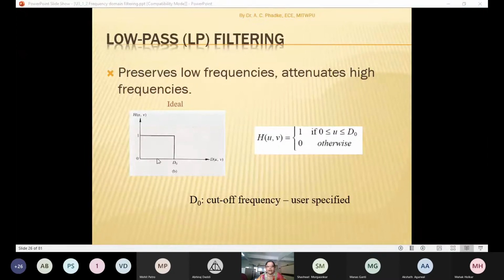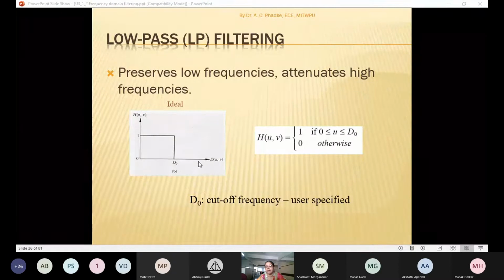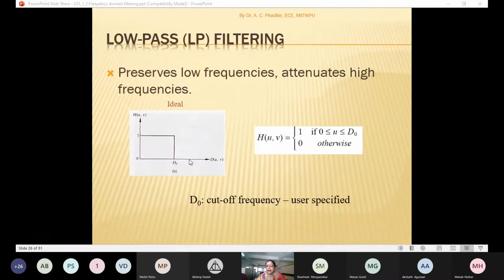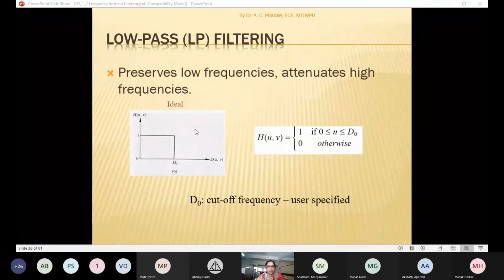This is your frequency axis and this is the amplitude of the frequency coefficients. So H(u,v) represents the amplitude of the filter coefficients. For the low pass filter, all of you are familiar with this function. All the frequencies below D0 are passed, and all the frequencies above D0 are attenuated completely. So this is your ideal low pass filter.